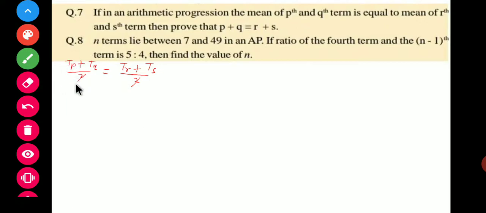Now put the value of Tp. As you know, Tn is equal to a plus n minus 1 into d. So this is the formula we can use in this exercise.